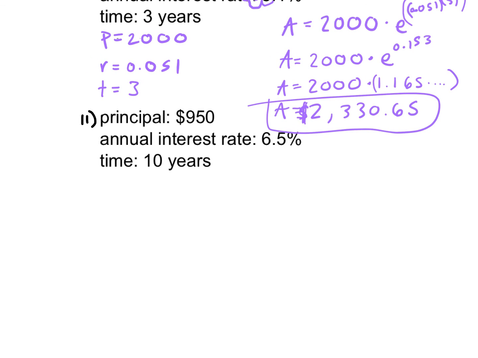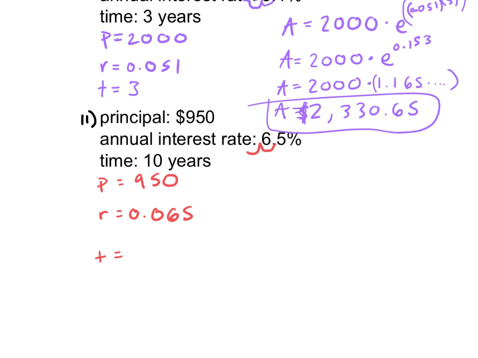So we're using our PERT formula again. We need to find our P, our R, and our T. What is the principal? 950. What's our rate? 0.065. Awesome.